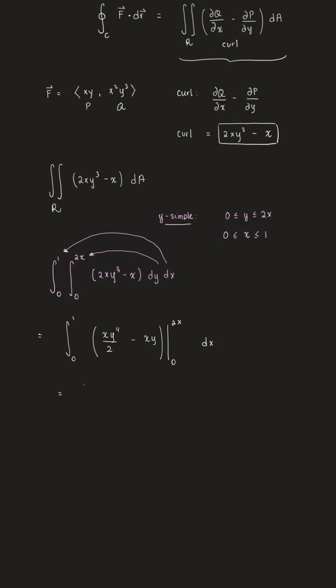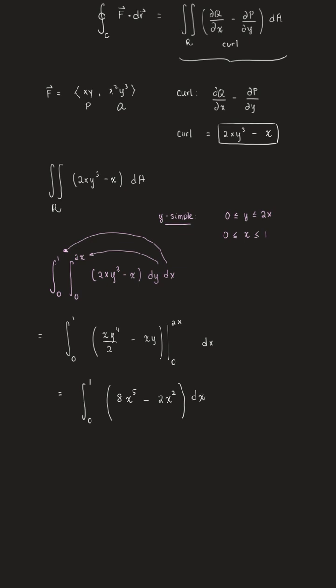So we've got the integral from 0 to 1, applying the fundamental theorem of calculus. When we put 2x in, 2 to the 4th is 16. 16 divided by 2 is 8, so I now have a coefficient of 8. x to the 4th times x will be x to the 5th, so 8x to the 5th. Minus, when I put 2x in place of y here, that's going to give me 2x squared, and when we put in 0 in both terms, we just get 0.